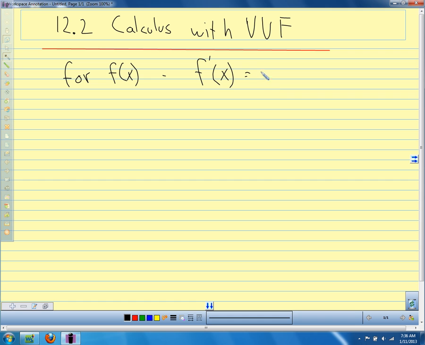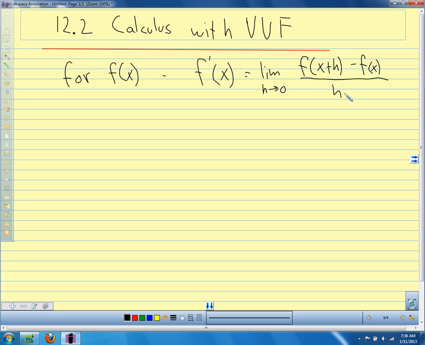Equals limit. What is it? Limit as h approaches 0. Beautiful. So there's our definition of our derivative for a real valued function.